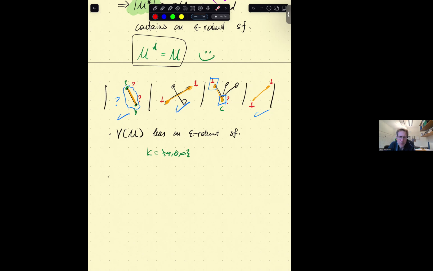So what do we do now? We don't know the color of these vertices.